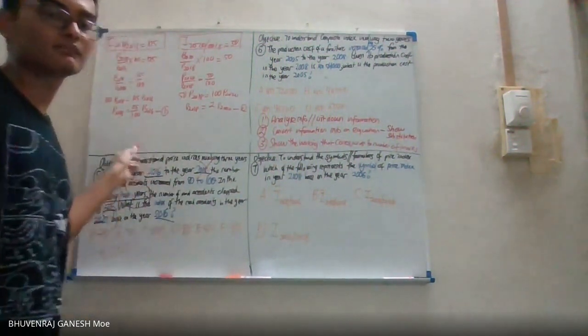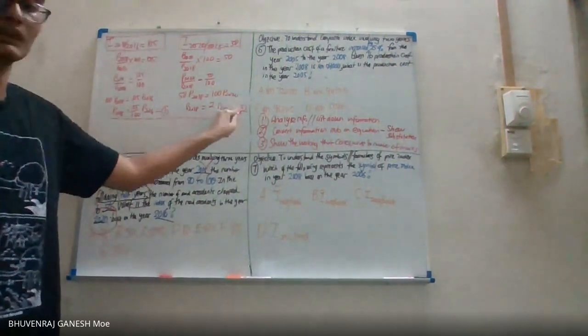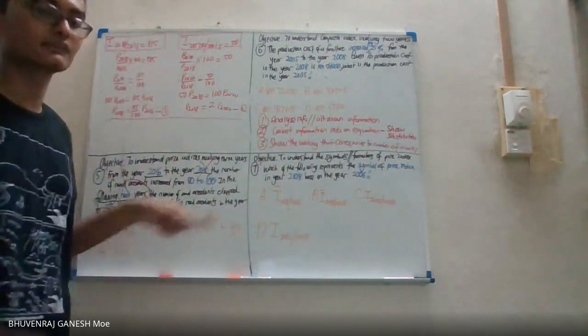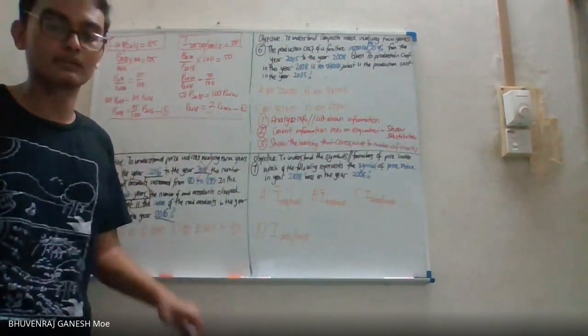Continue from this part. This part here, you try to equalize and get the answer, because this part you already know how to do in the previous questions, the same thing. So you can use these two equations to get your answer.